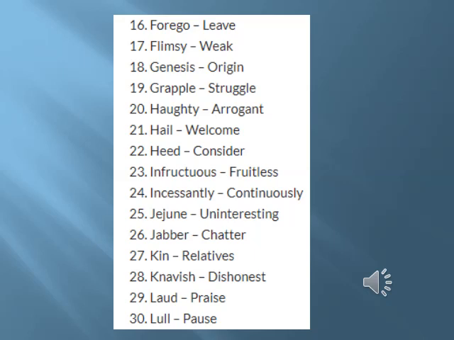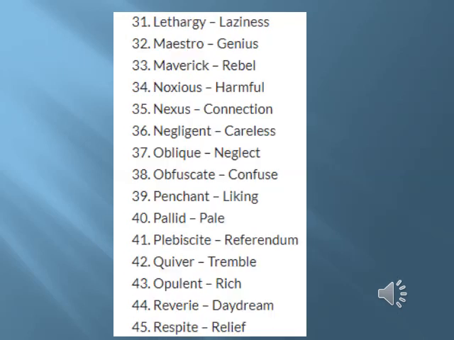Laud, praise. Lull, pause or silence for a short period. Lethargy, laziness. Maestro, genius, a distinguished person, very expert in a particular field, but especially music.